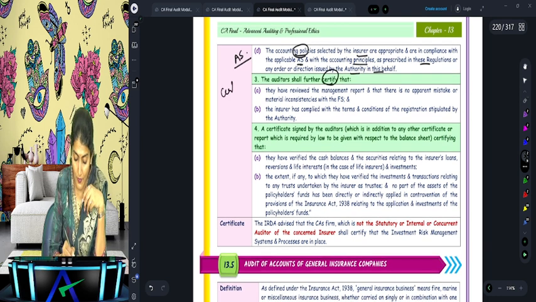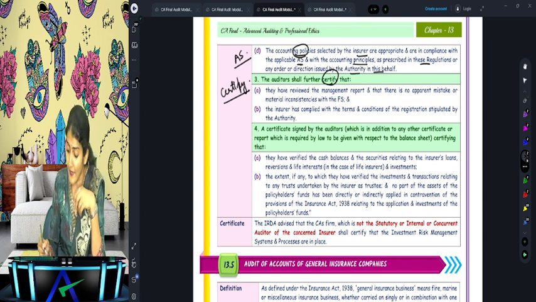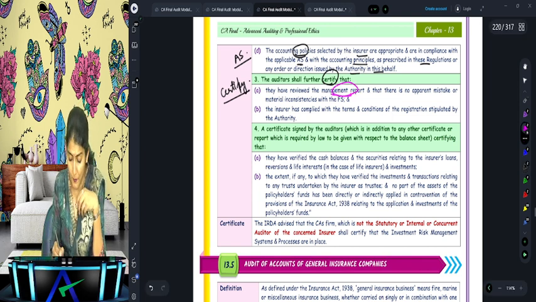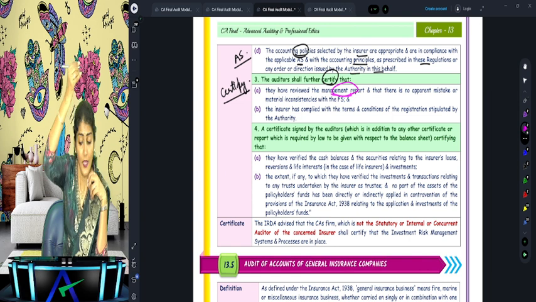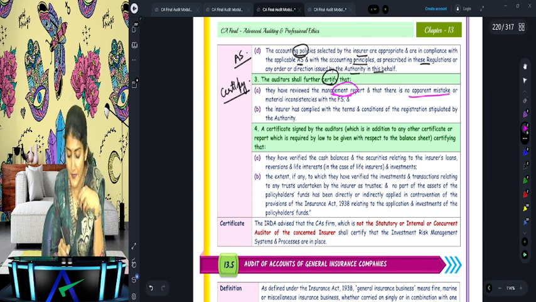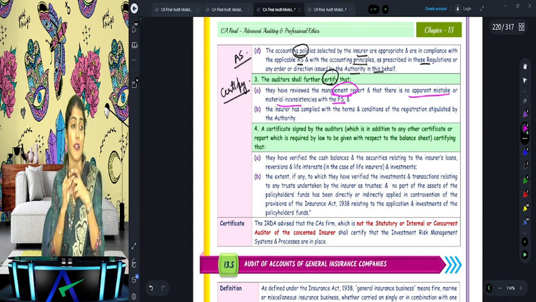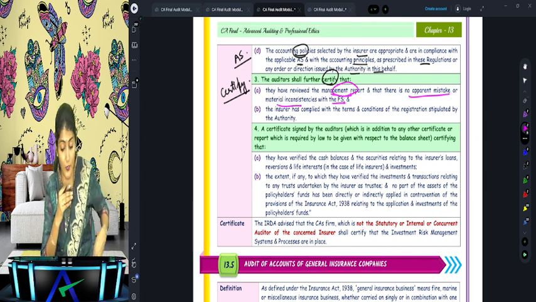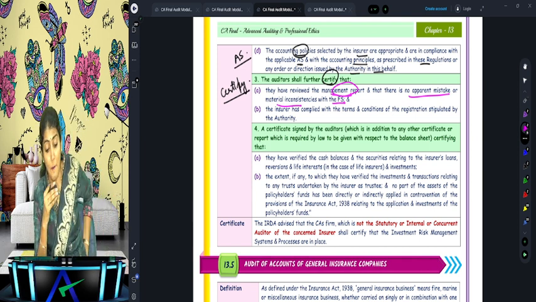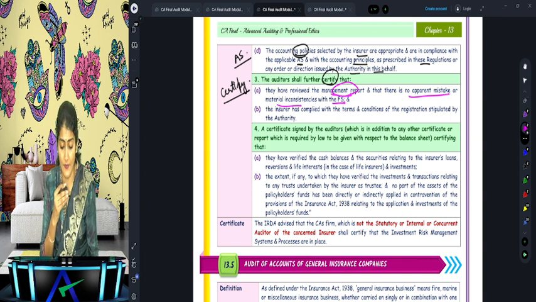Now what is the auditor required to certify? That they have reviewed the management report. Did we talk about the management report? Yes, and there is no apparent mistake or material inconsistencies with the financial statements.